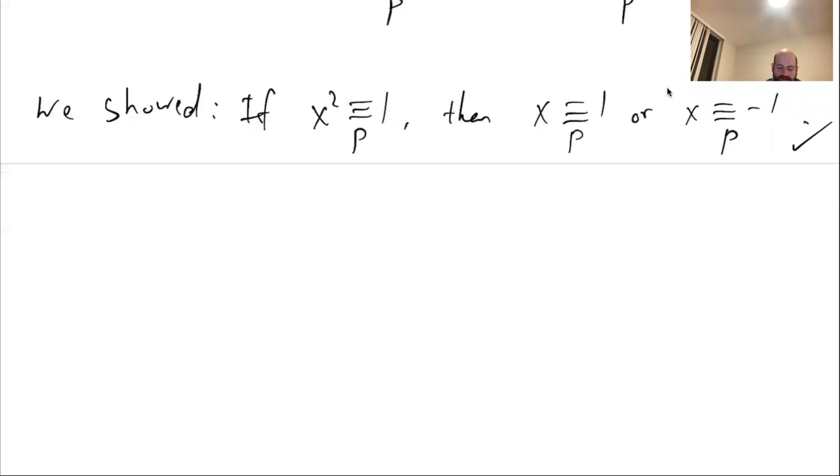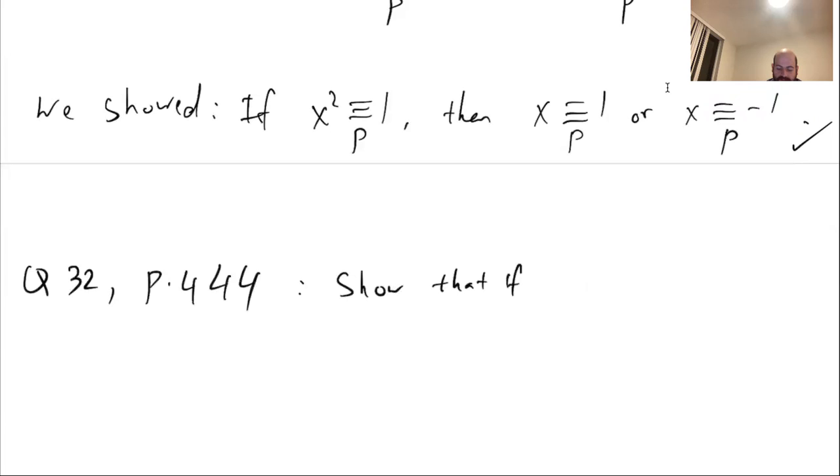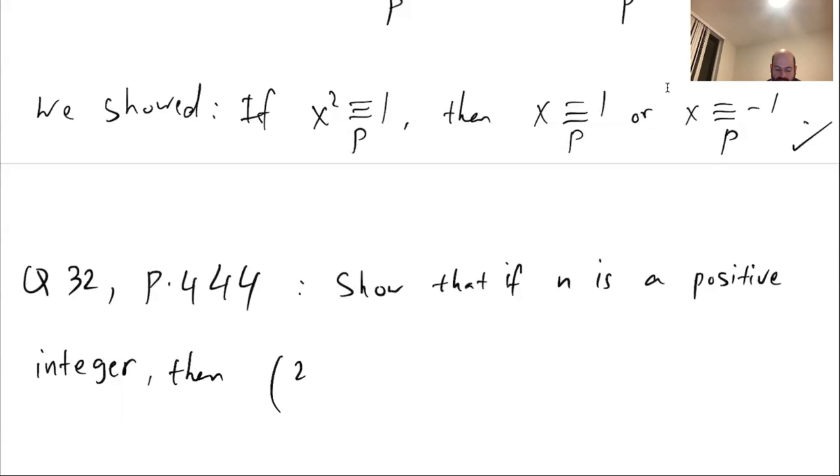Okay, let's look at the next example. Question 32, page 444. It says: show that if n is a positive integer, then 2n choose 2 is equal to 2 times n choose 2 plus n squared.